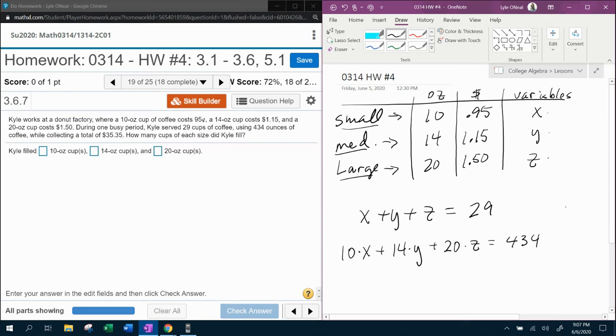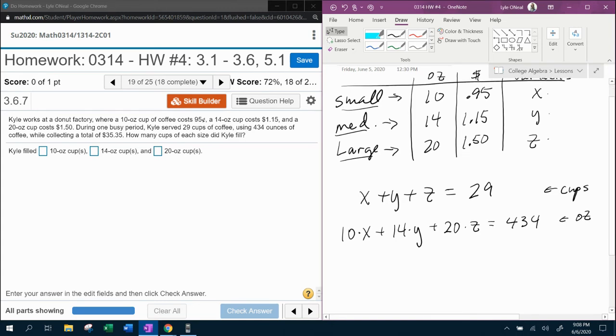Okay, so let's make a note here. This is the cups equation. This is the ounces equation. One more equation, and that's going to be the money equation. So we're going to multiply how much a small costs times how many cups were sold, and that'll give us the total income from small sales.